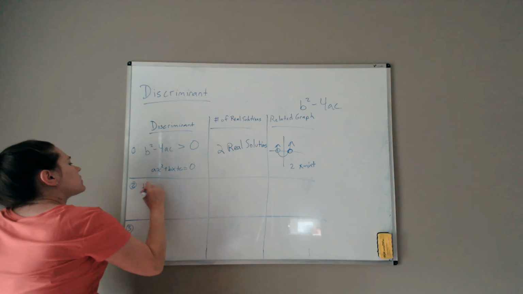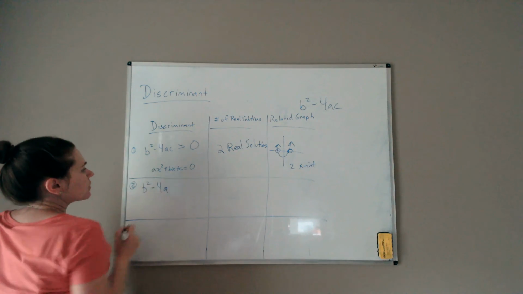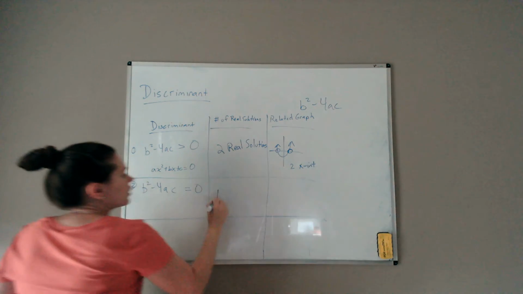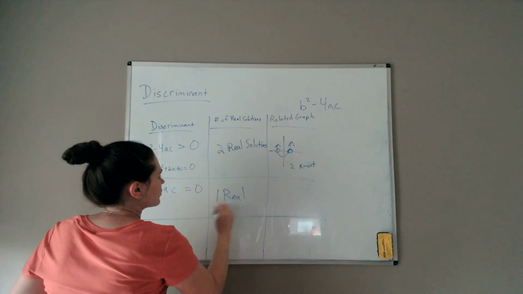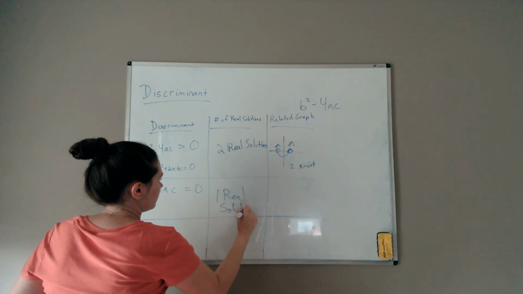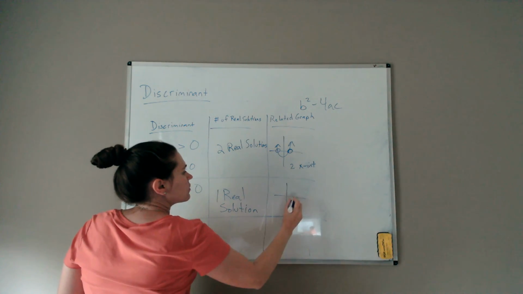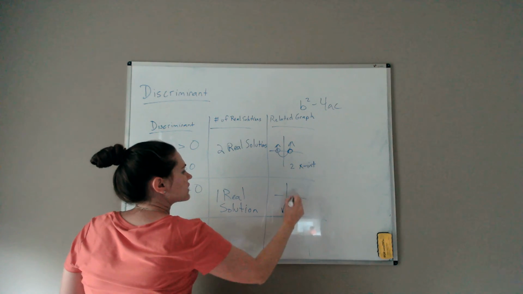If the discriminant equals 0, you only have 1 real solution. And how would that translate to a graph? It would mean you only have 1 x-intercept.